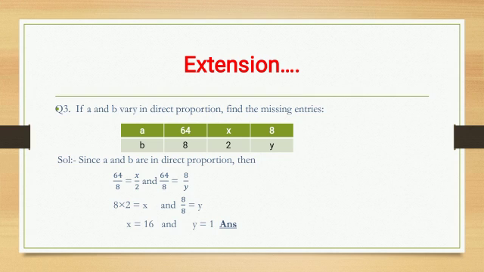Clear? So the question was A and B were given in direct proportion. So again we are applying the definition, the mathematical relation that we have got earlier, that all the ratios should be equal to each other. So first can be equal to second, and you can even write second is equal to third, but here we are using 1 is equal to 2 and 1 is equal to 3.